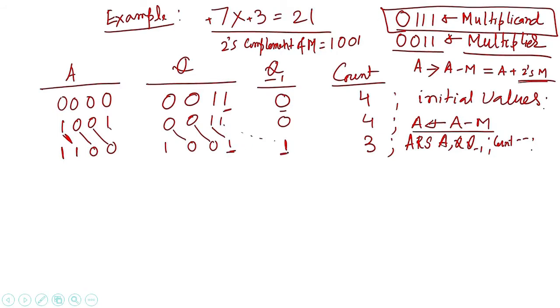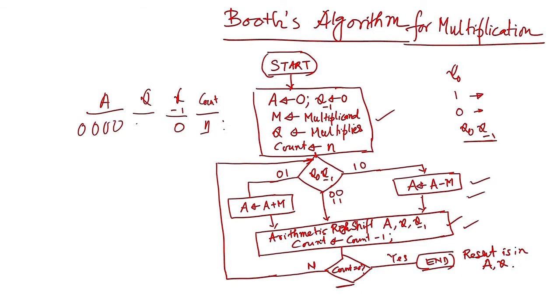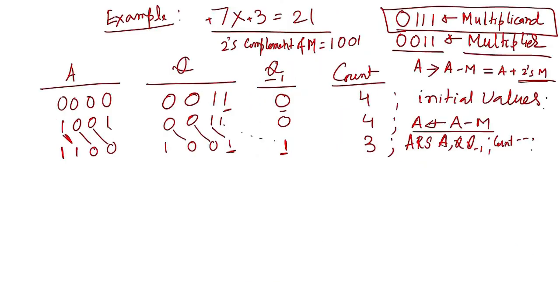If it is 1 1, no addition, no subtraction. If it is 0 0 or 1 1, only arithmetic right shift. So, you do the operation here, this bit will come here, and the counter is reduced. Again the counter is not 0.